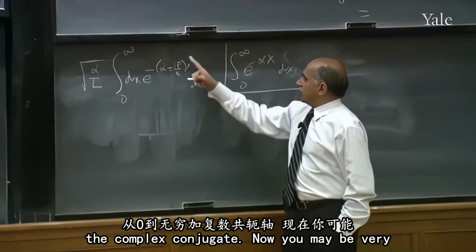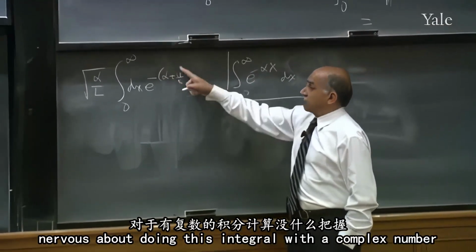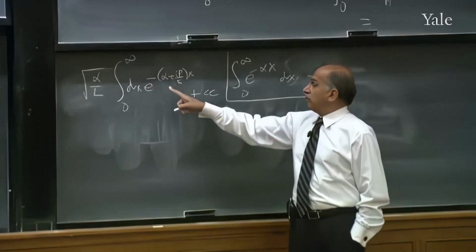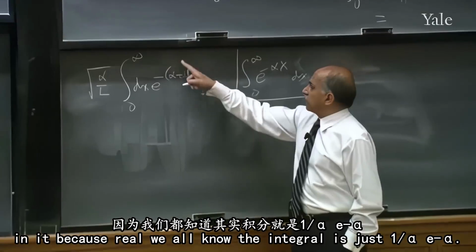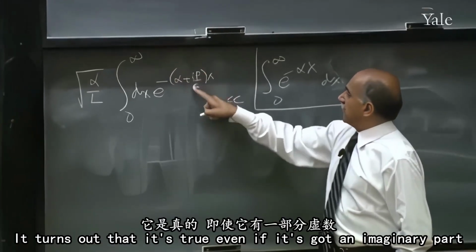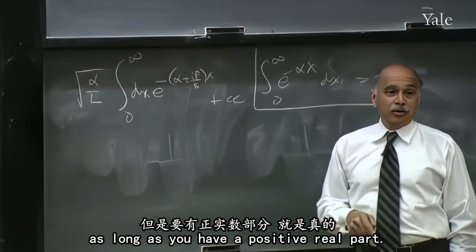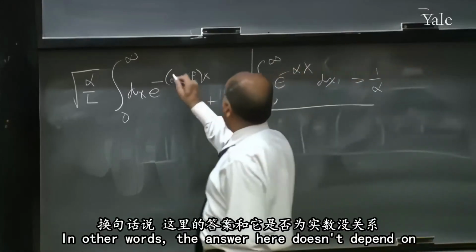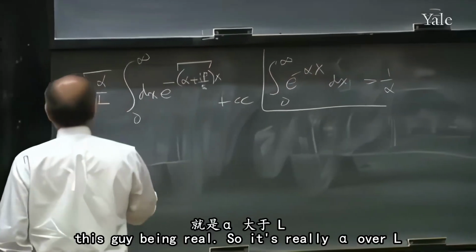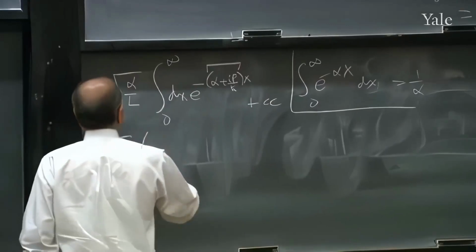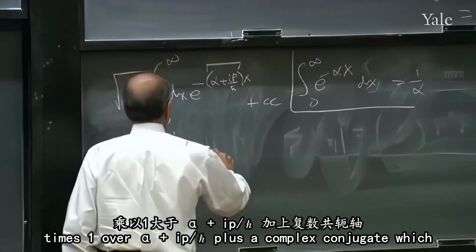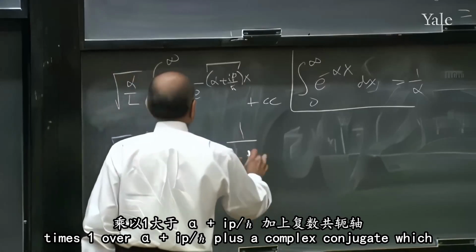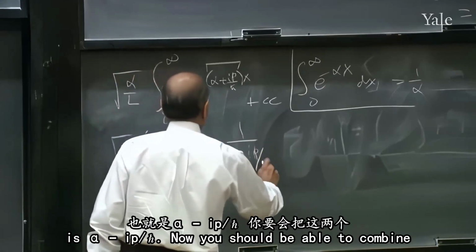Now, you may be very nervous about doing this integral with a complex number in it. If it's real, we all know the integral is just 1 over alpha. It turns out it is true even if it's got an imaginary part as long as you have a positive real part. In other words, the answer here doesn't depend on this being real. So it's really alpha over L times 1 over alpha plus ip over h bar, plus the complex conjugate, which is alpha minus ip over h bar.